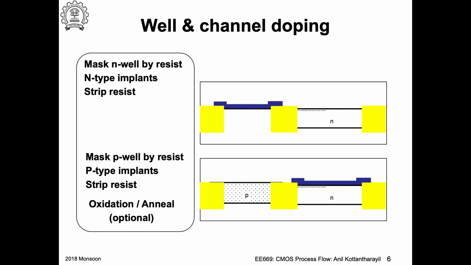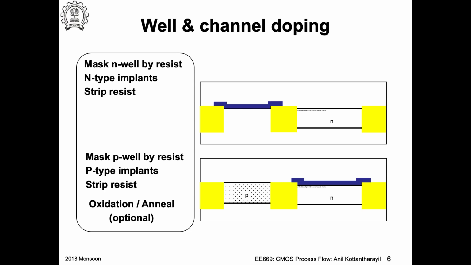So you may do 2 implants or even 3 implants at 3 different energies. So you get 3 profiles which have the projected range peaks at 3 different depths, and if you add up the dopant concentrations, you nearly get a flat doping concentration in the well. Okay, so this is your N well implant.